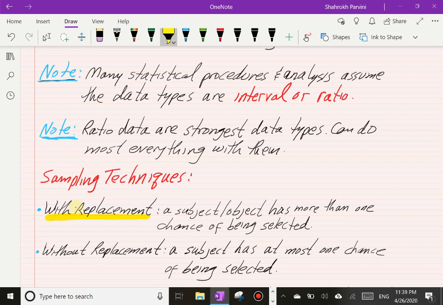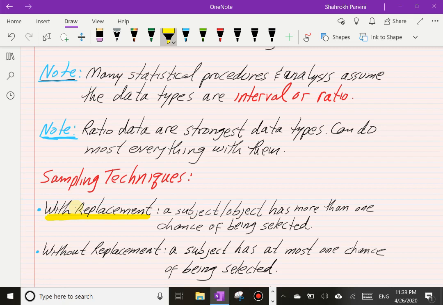Well, the probability of I select one person at random is going to be 1 out of 10, right? Now, if I put that person back into the pool of available students, again, the probability is 1/10. The next person could be possibly the same person I just selected, but the probability will stay the same, 1/10.